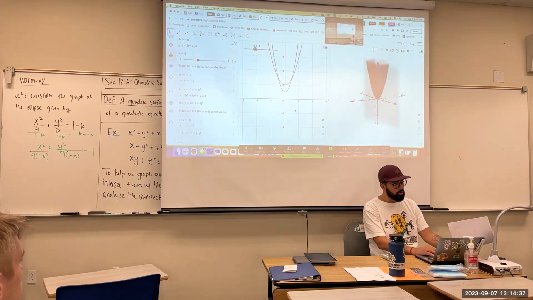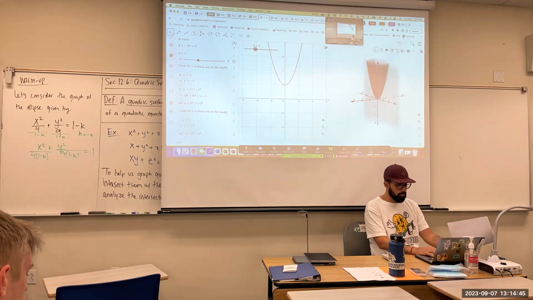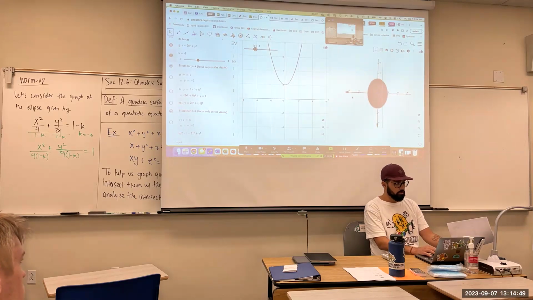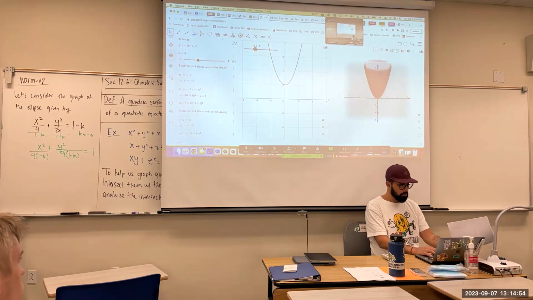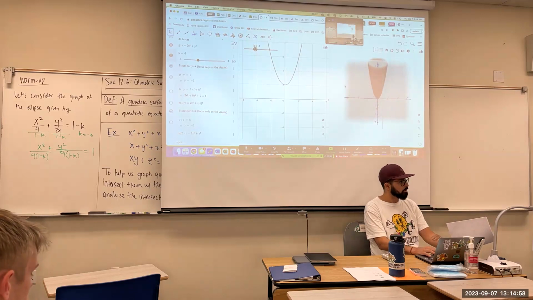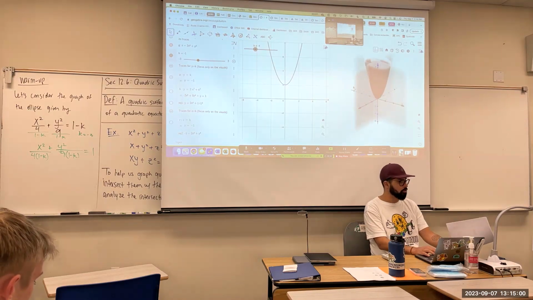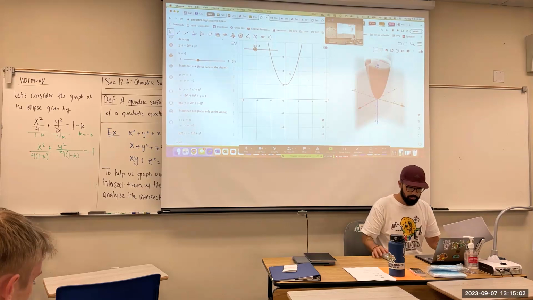So they're not necessarily the same, depending on the value. And that has to do with the fact that this is not a perfect circle. It's an ellipse. So these traces will have a wider parabola, but then these traces will have a skinnier parabola. And that will show up in the algebra. Good question.